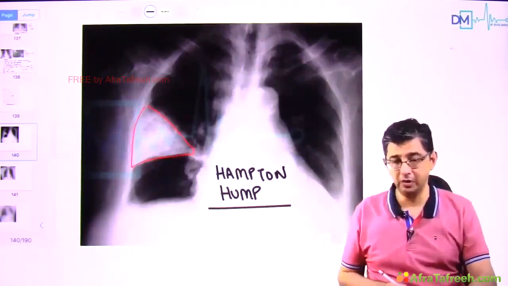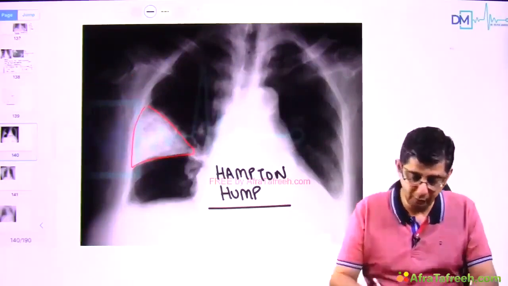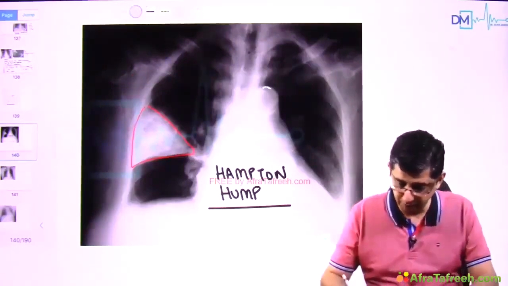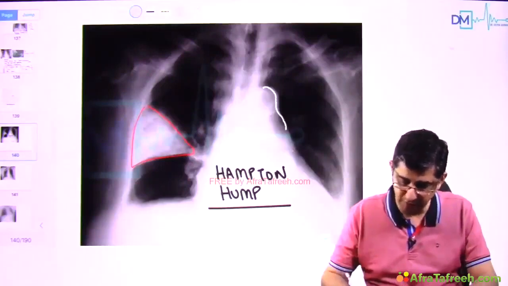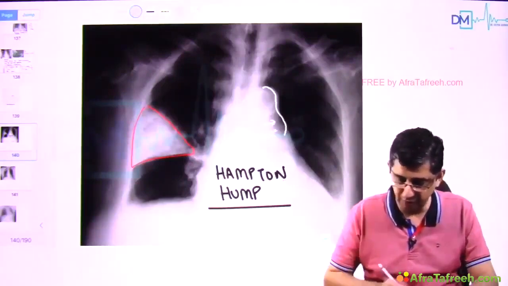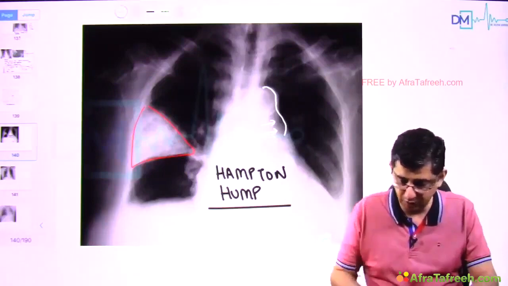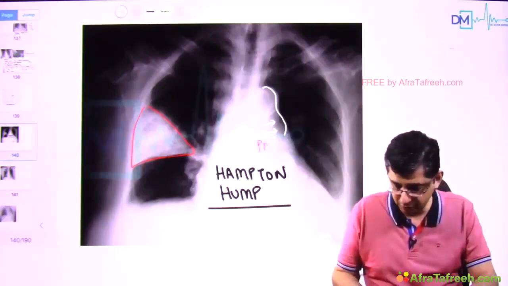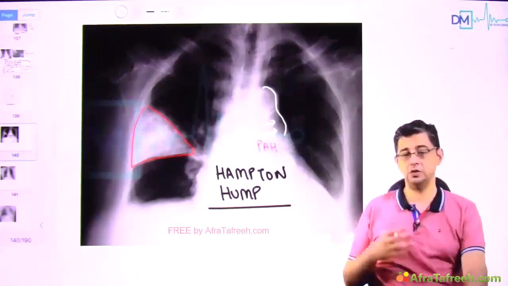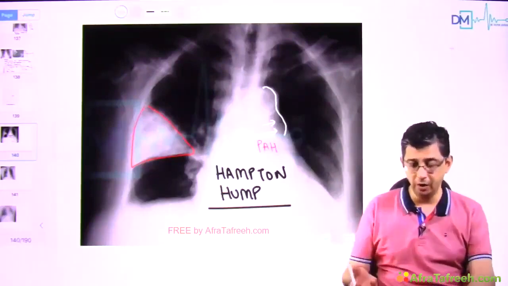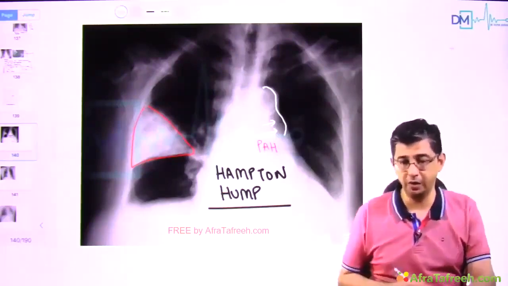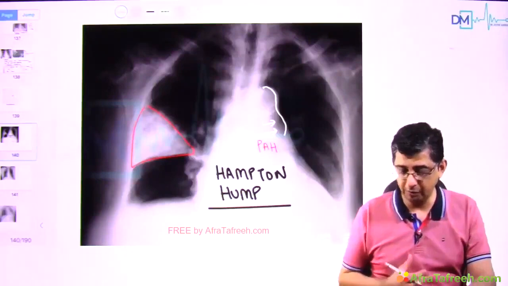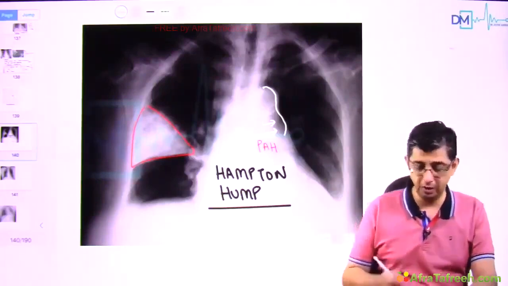If you look at the x-ray of this patient, you will definitely be able to appreciate the aortic knuckle, but then you can also notice the fullness in this particular area of the pulmonary artery, because most patients who are having pulmonary embolism will also be having pulmonary artery hypertension, because there's a blockage of the main pulmonary artery or maybe one of its branches. The pulmonary artery segment will look relatively more prominent.